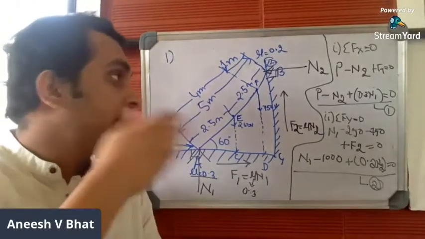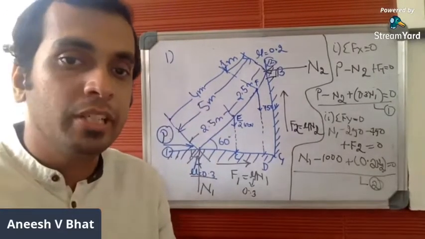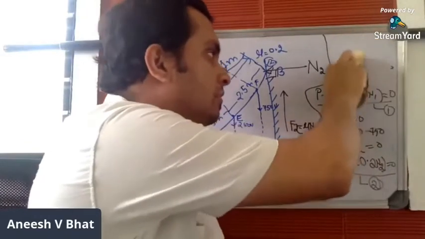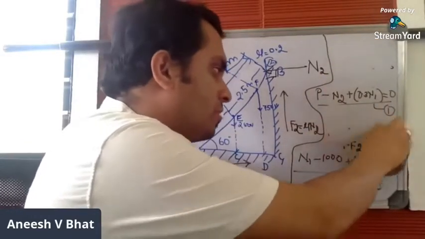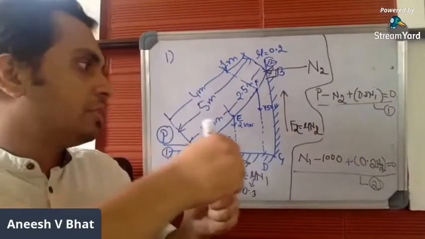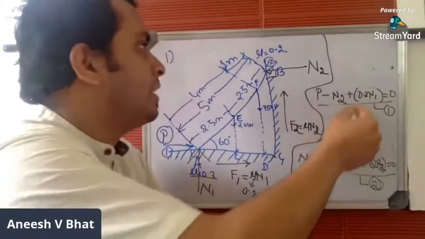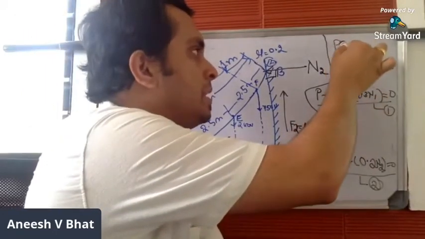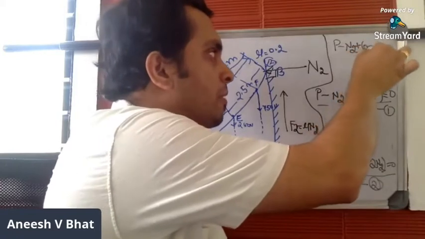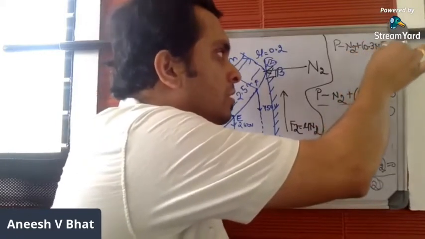Now, let me just retain the equations and do all the other steps. Let me write it separately so that I can go with the third step, step number 3. So equation 1 is P minus N2 plus 0.3 N1.